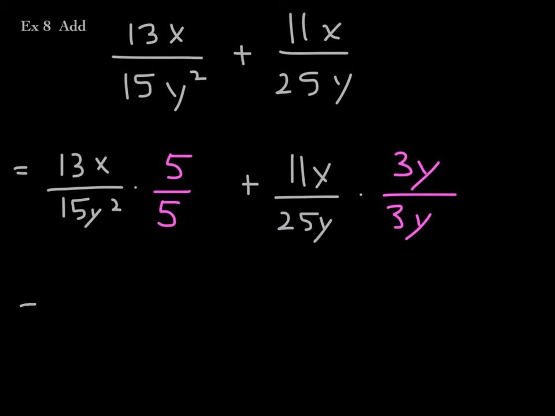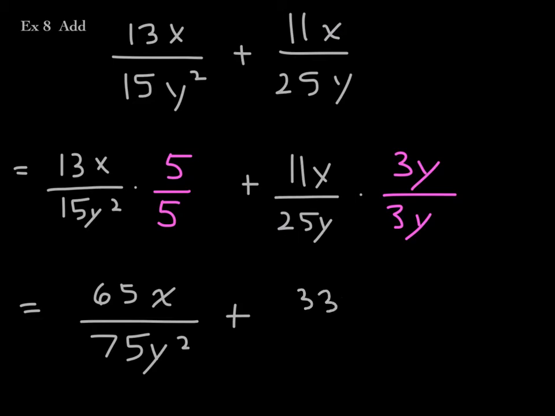So you can see this numerator becomes 65x over 75y squared plus 33xy over 75y squared. So this is the idea.